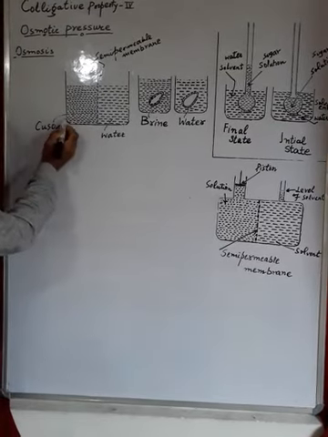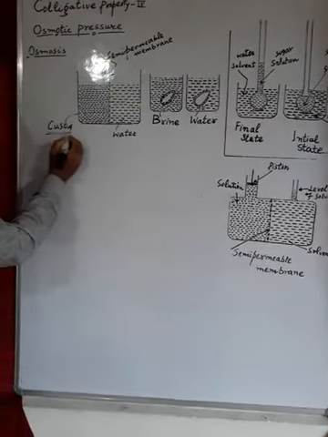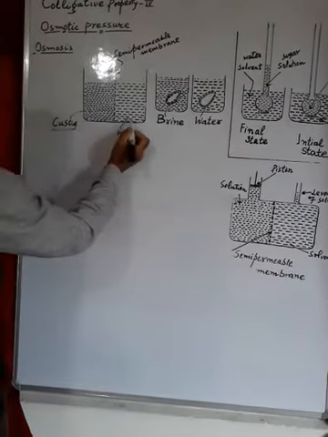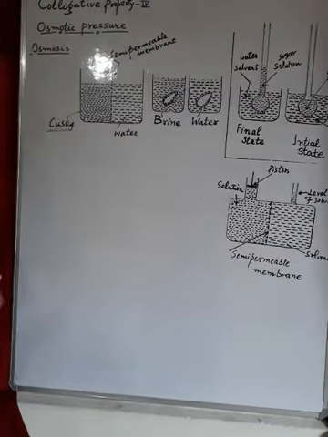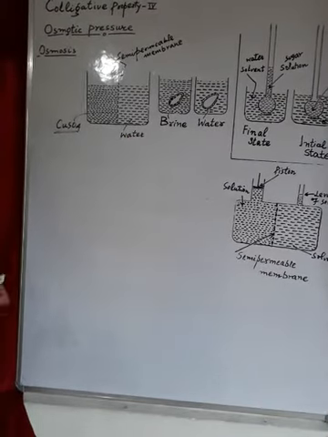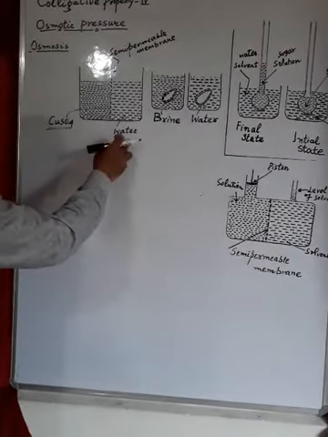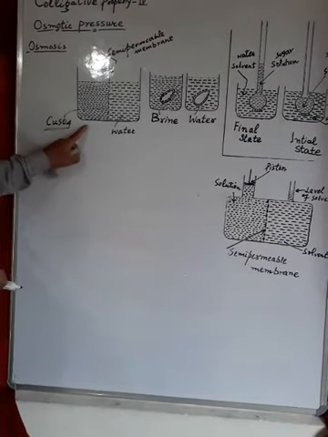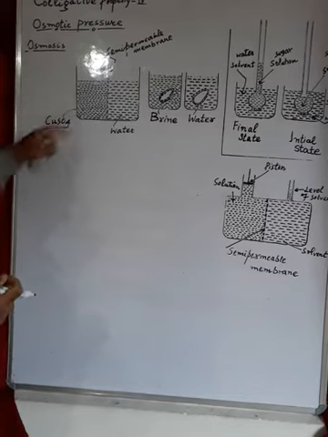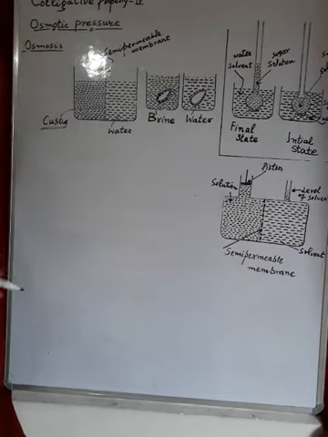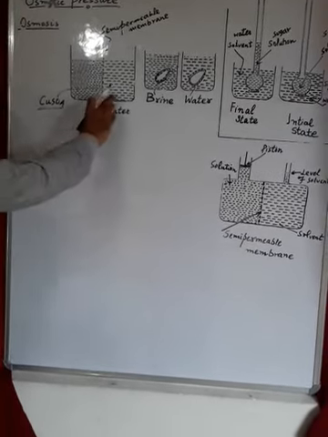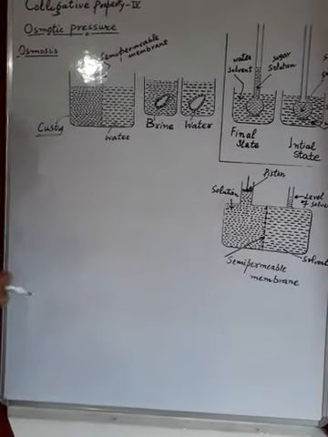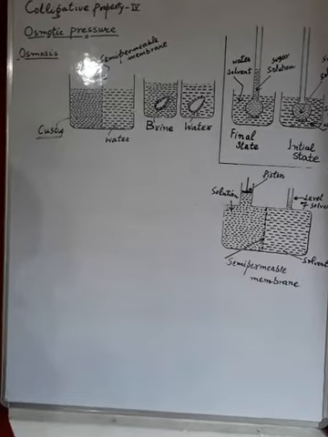In one, we take the solution of copper sulfate, and in the other compartment, we take the solvent, which is water. Due to osmosis, the water molecules pass into the solution, as a result of which the level of the solution in one compartment rises and the level in the solvent part decreases.